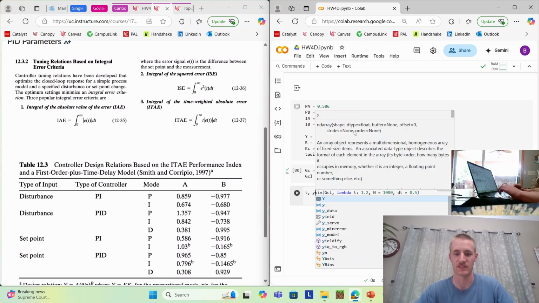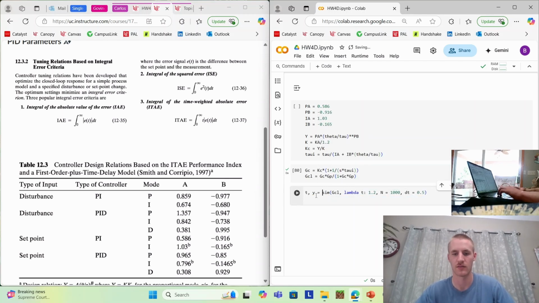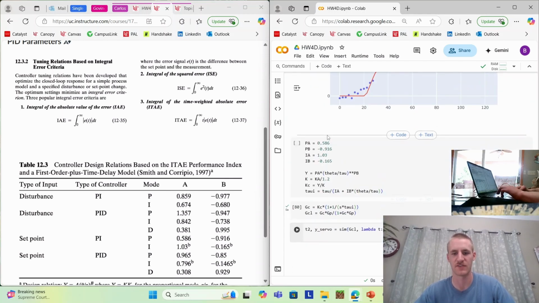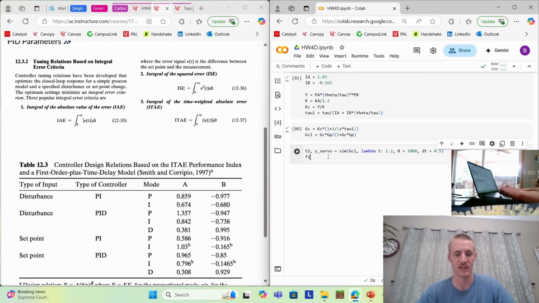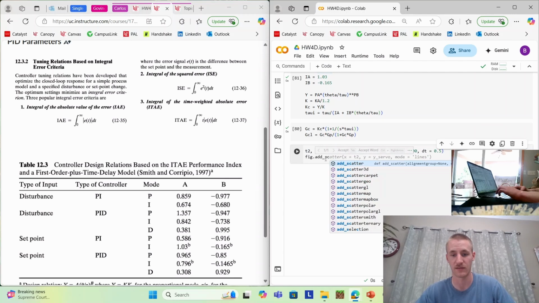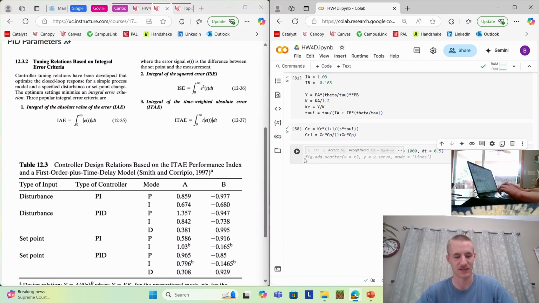Now we need our t and our y. We can actually call this y servo to distinguish it. And I'll call this T2 to distinguish it, because we do have the other time frame. Well, not add a scatter yet. We need to make a different figure.